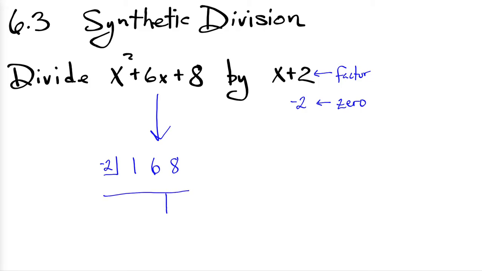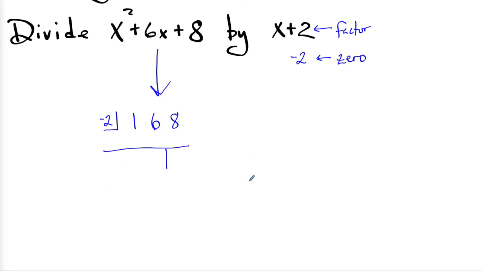It's easier if I just show you first. You probably want to wait until we're done to write it down. The way that I'm going to do division with this setup, I'm going to bring the first number down. I'm going to multiply -2 and 1 to get that answer. I'm going to add them.